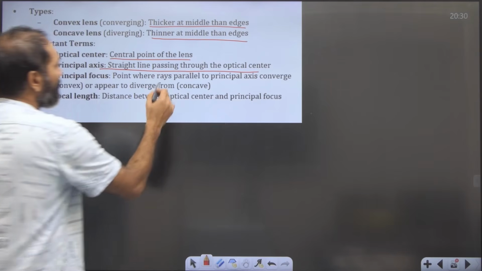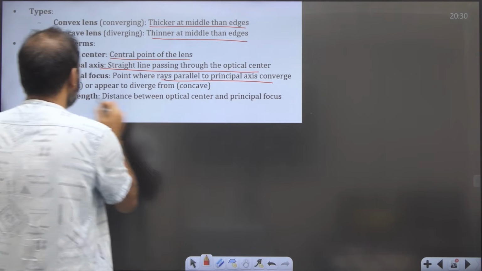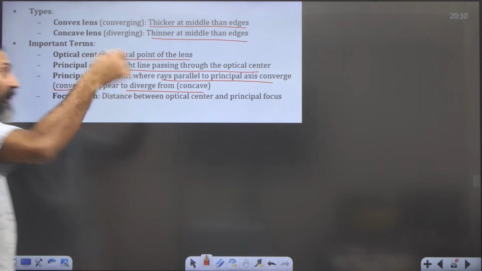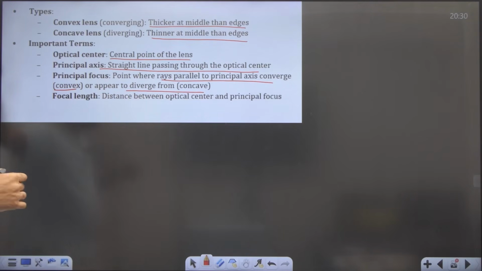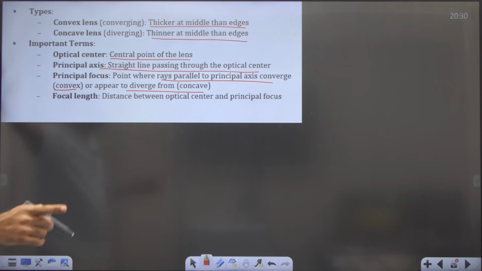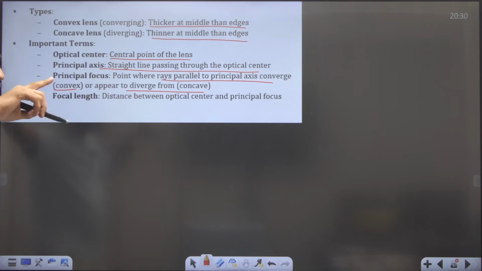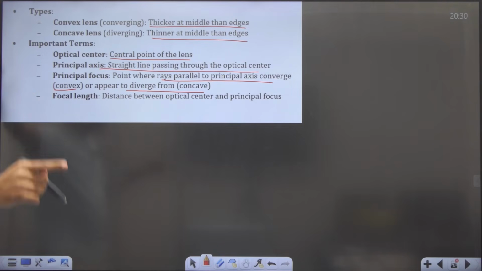Principal focus, the point where rays parallel to the principal axis converge in the case of convex. In a concave lens, the rays appear to diverge. So a convex lens, converging lens, is similar to a concave mirror.